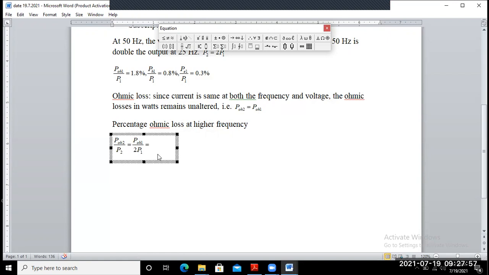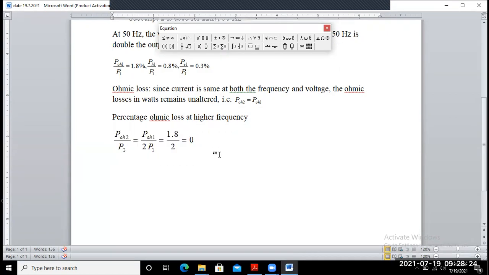So just put it here: 1.8 divided by 2 is 0.9%. So in percentage, it is 0.9%.